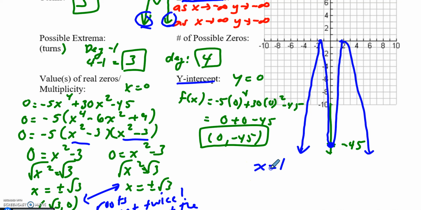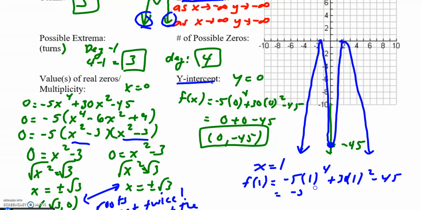So if x equals 1, I would have f(1) equals -5(1)^4 plus 30(1)^2 minus 45. So that would be -5 plus 30 minus 45. So that would be 25 minus 45. So I'd have a point at (1, -20), which would be probably around here. So my graph seems decently accurate.